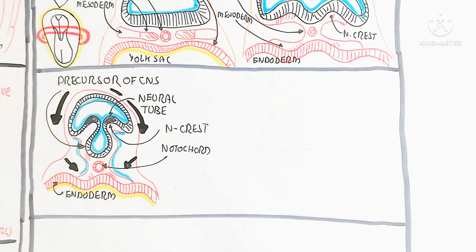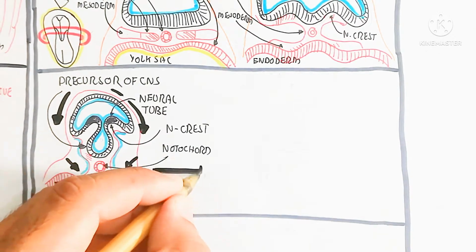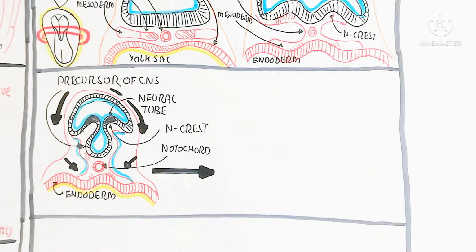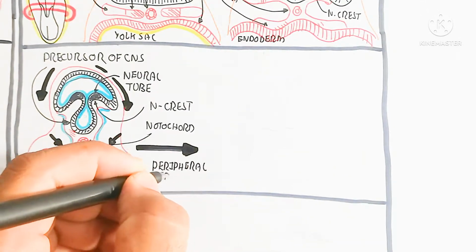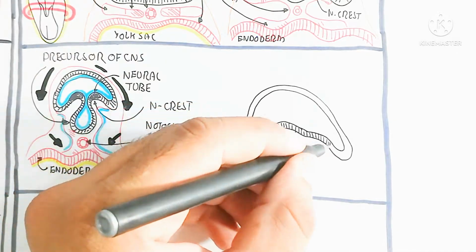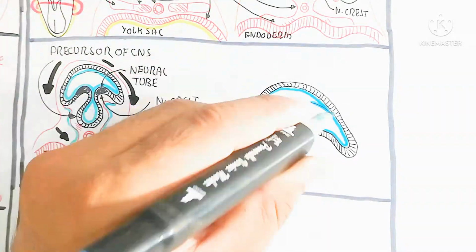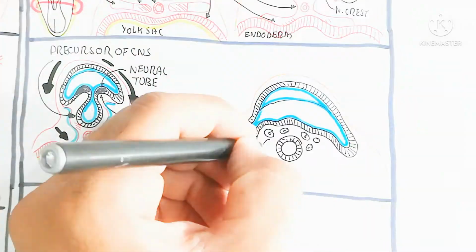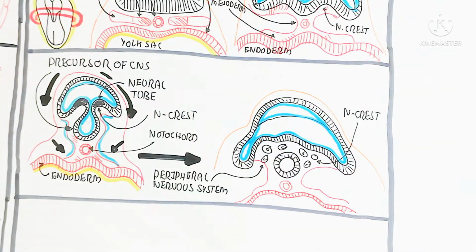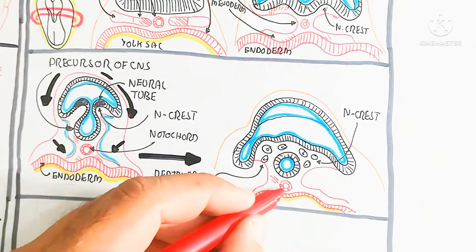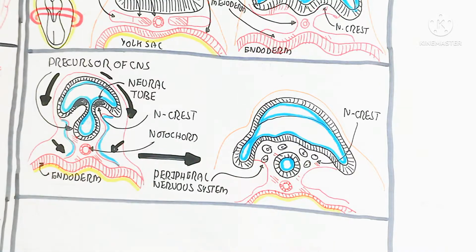The notochord is formed as a precursor, developed from the specialized mesoderm. The neural crest separates the neural tube from the ectoderm. After this the ectoderm covers the whole body, forming the skin, because the ectoderm gives rise to the skin, sebaceous glands, hairs, and other glands.